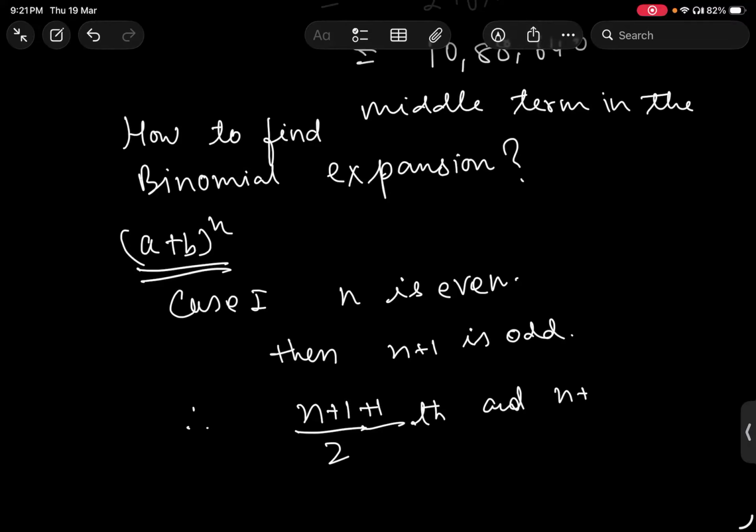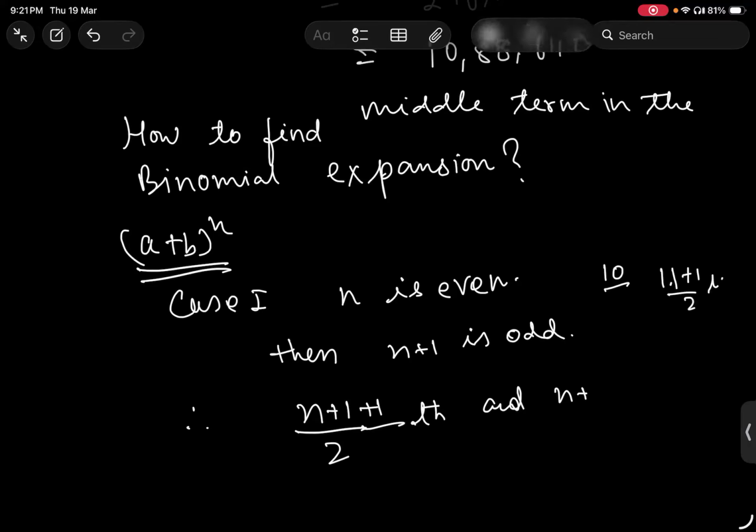Let us take an example. Suppose n is even, that is 10. So how many terms will be there? 11 terms will be there. If 11 terms are there, then we just add 1 to it and divide by 2.